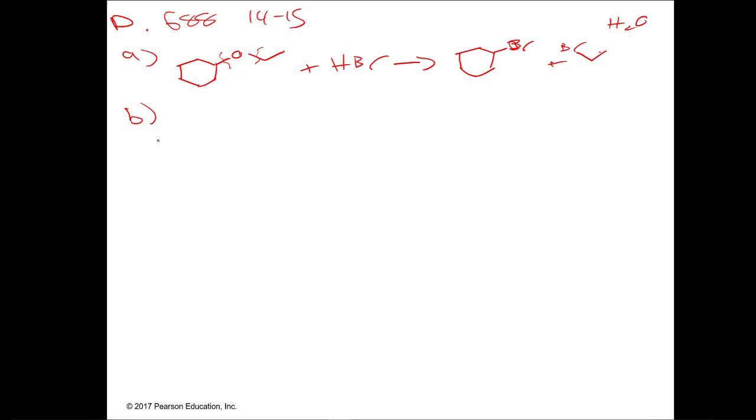Tetrahydropyran and HI. Tetrahydropyran, huh? I'm going to double check what this compound looks like. I have an idea in my head, but I want to make sure I'm right. Yep.